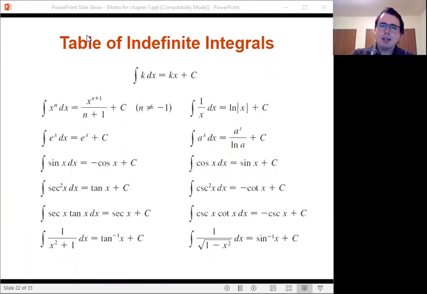So each of these integral signs is denoting an indefinite integral. When I try to find an indefinite integral, my answer is a function. It's an antiderivative. And it comes with this constant plus c.